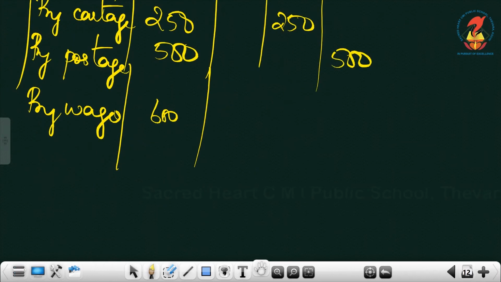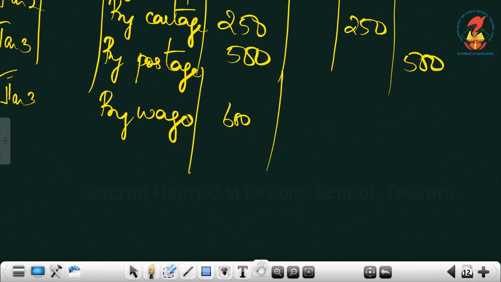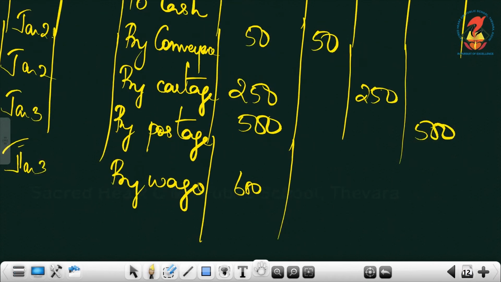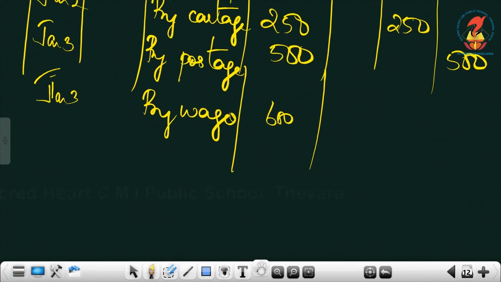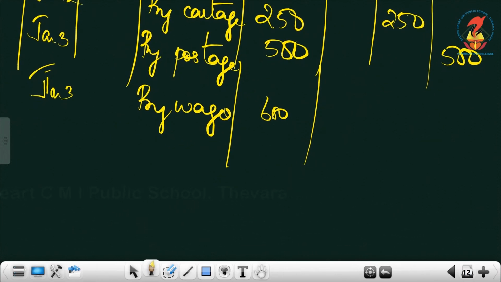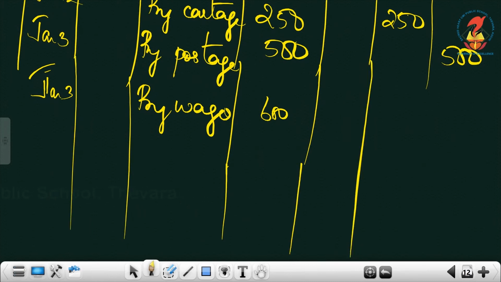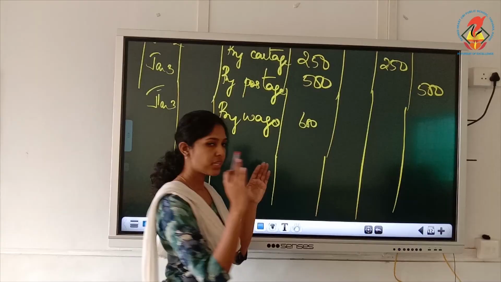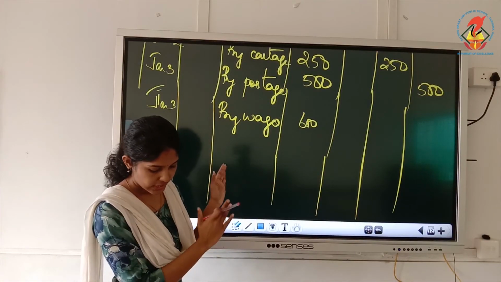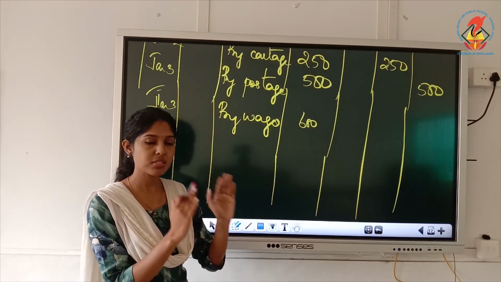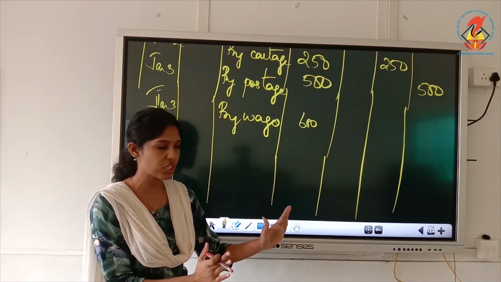I am not posting all other items because it is easy, you can do it yourself. You have to finish till the Jan 6th transaction, that means till paid telephone bill you have to finish posting.